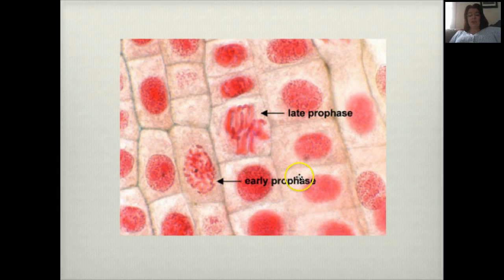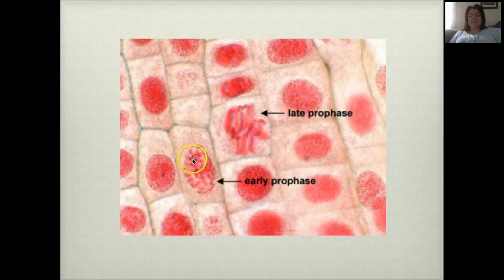Now these are labeled early prophase and late prophase, but for us, I want you to learn this one as prophase and this one as prometaphase. Yes, this is an example where we actually caught prometaphase occurring, but again, that's typically not the case, and we may not get to see any of these types of nuclei on Thursday. So we know this is prophase because it still has a nuclear envelope, a nice smooth oval outline.